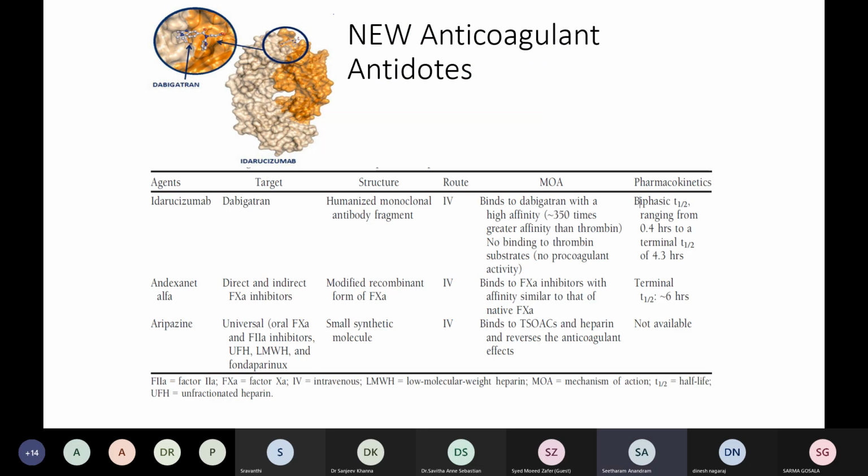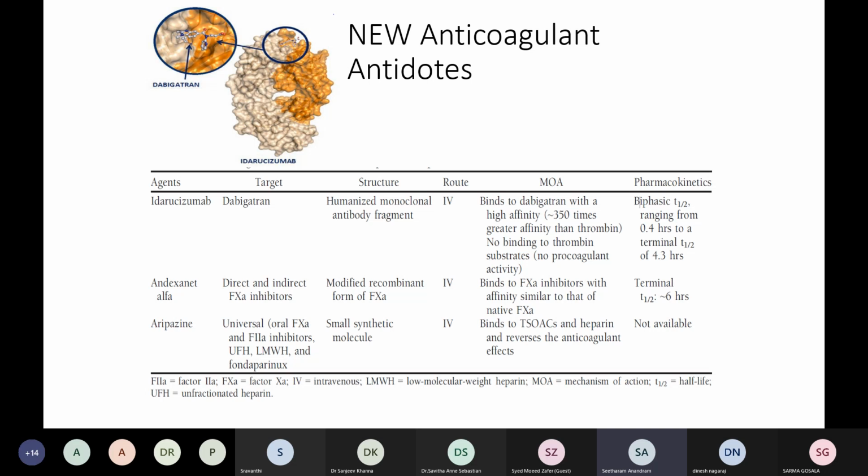This slide is a summary of various antidotes available. The first one is idarucizumab, which is an antidote for dabigatran. It has a very high affinity for thrombin, about 350 times higher than dabigatran. It just displaces the dabigatran, resulting in stemming the bleeding.